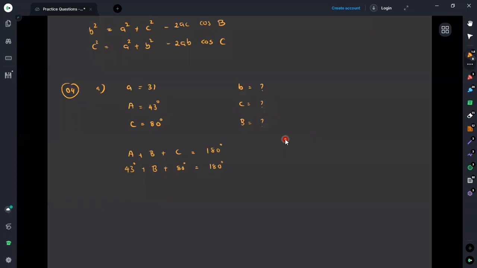Then we can find the value of B by solving this equation. It is 180 minus the summation of 43 and 80. This results in the value of B, which is equal to 57. Now we have found one value: B is equal to 57 degrees.